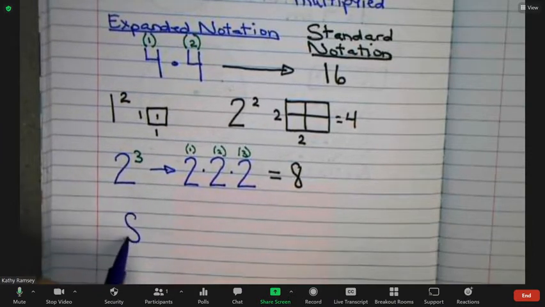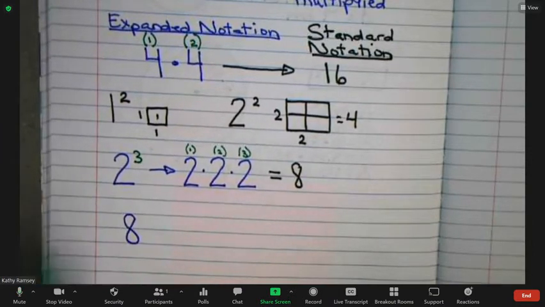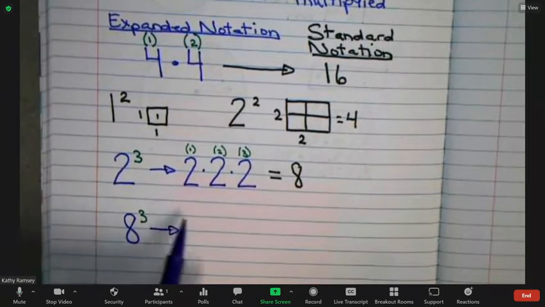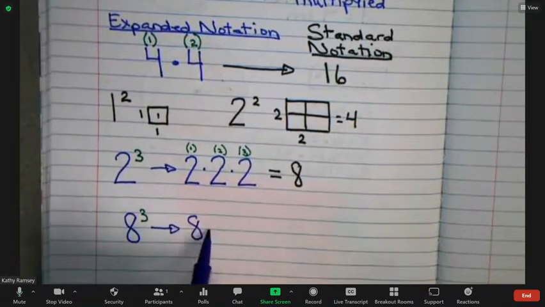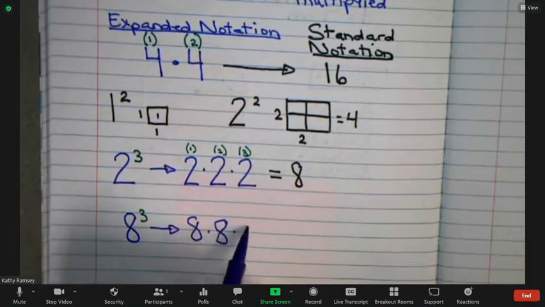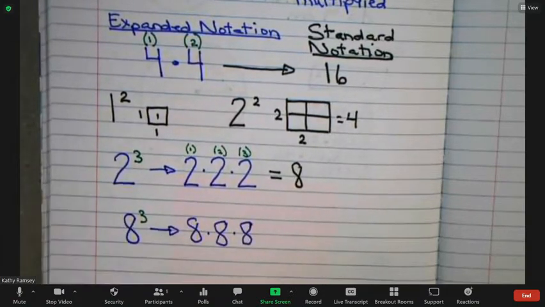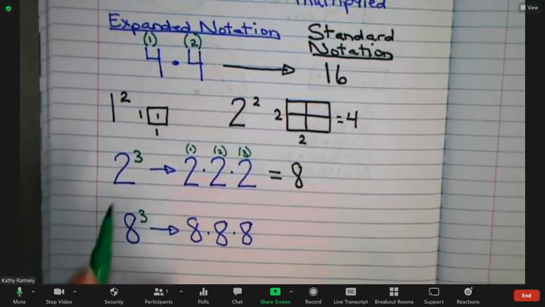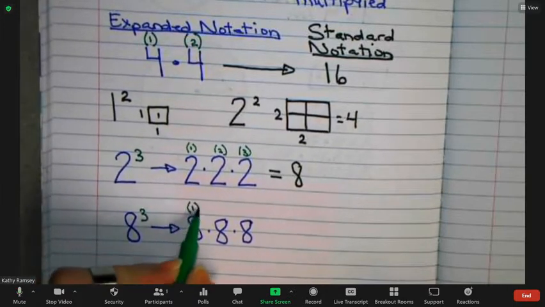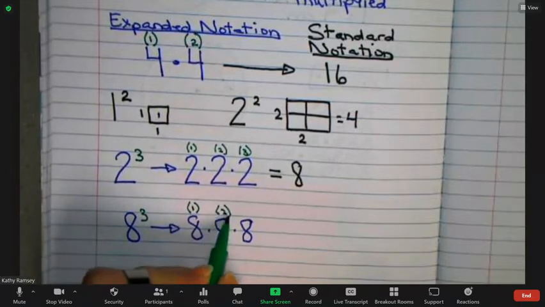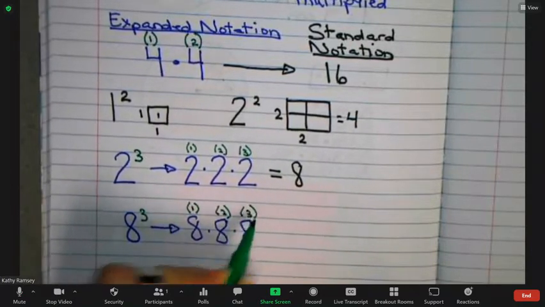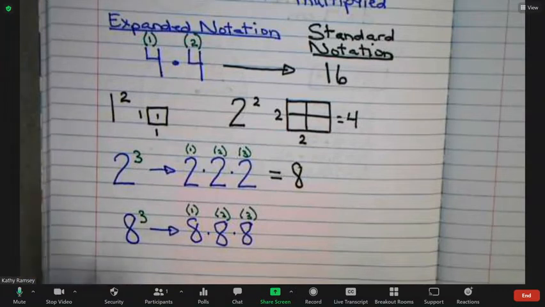Let's do 8 to the power of 3, or what we call cubed. Expanded notation, 8 times 8 times 8, because we've got 3 here. So 1, 2, 3. 8 times 8 is 64.